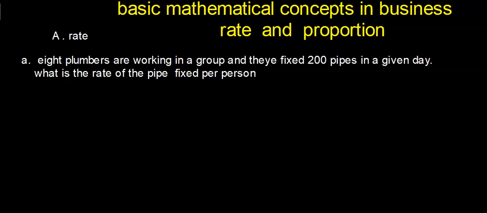The first example says that 8 plumbers are working in a group and they fix 200 pipes in a given day. What is the rate of pipes fixed per person?